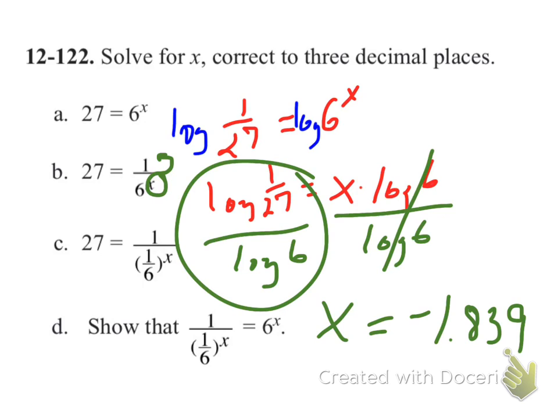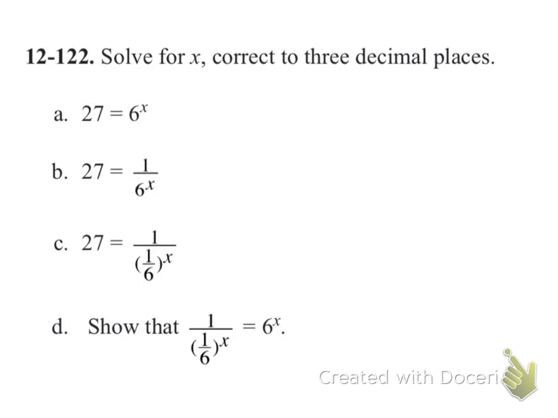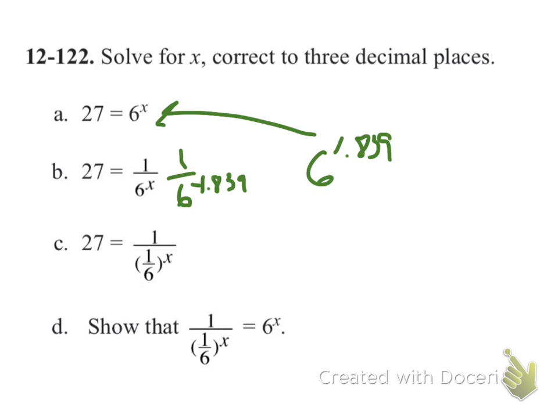So if I have, for this problem, 1 over 6 to the x, if my exponent is negative, that means, we know this right now, it's a negative 1.839. To make that a positive exponent, it goes to the numerator and becomes 6 to the 1.839, which is now the exact same as problem A. So that's why these two are the same number, just opposites.